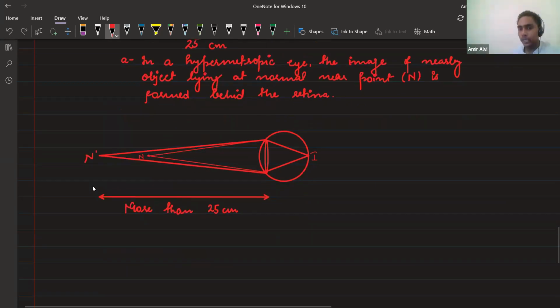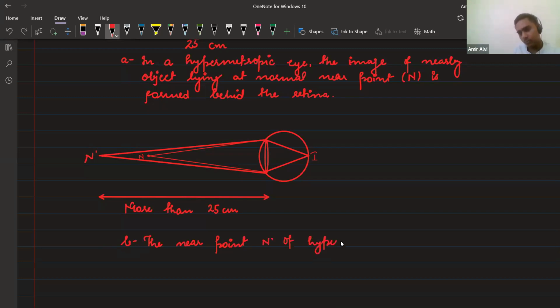Now, how do we correct it? By using a convex lens. Okay, let me write it here. Option B. The near point N. Hypermetropic eye.